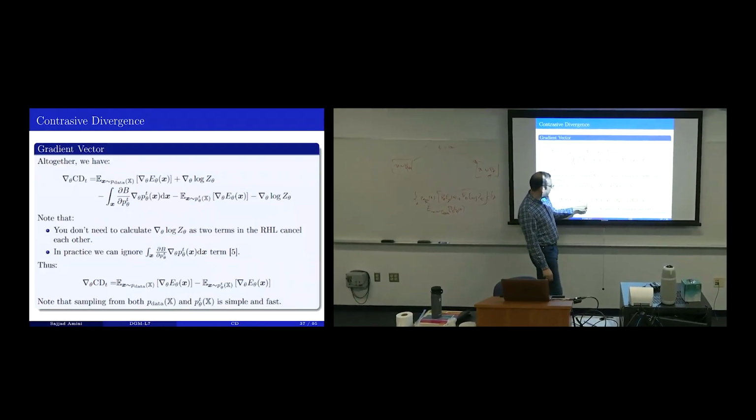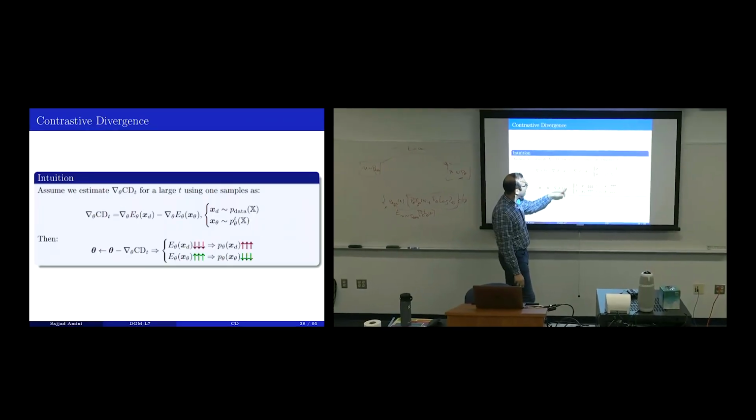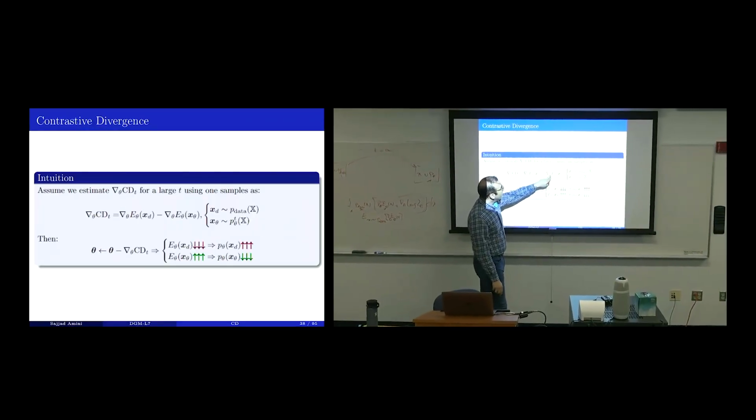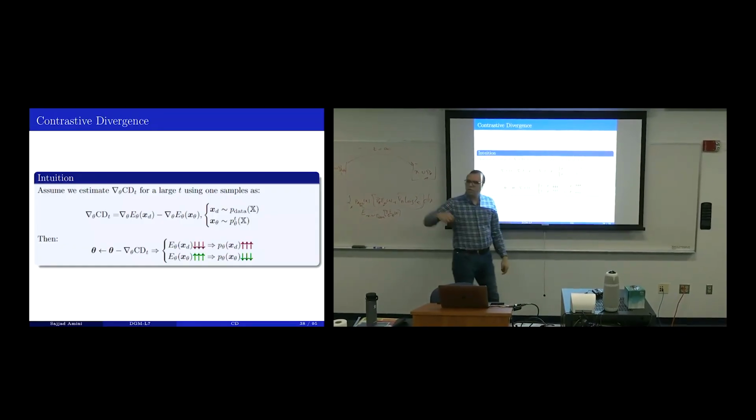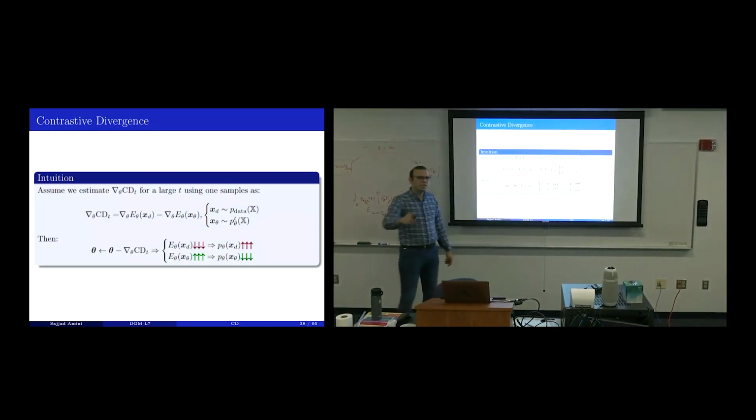Why? Because this expectation is with respect to the data, the first one. The second one is the gradient of energy with respect to another point. That point is coming from the p theta t of x, and we know that it is simple. You just run MCMC for one iteration, and then you can use that here.